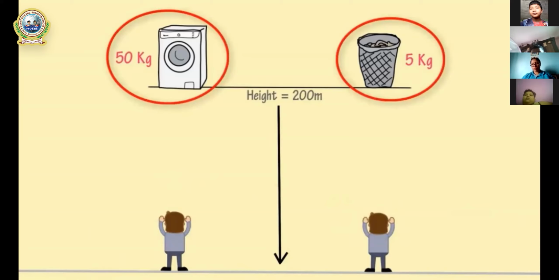That means both the objects fall downward from that height and they are in motion. They fall from the height of 200 meters, and you know they fall with the same increase in velocity, the same acceleration. While coming down, if I ask you to catch any one of the objects, which object do you choose to catch?